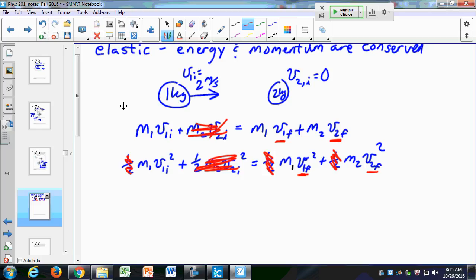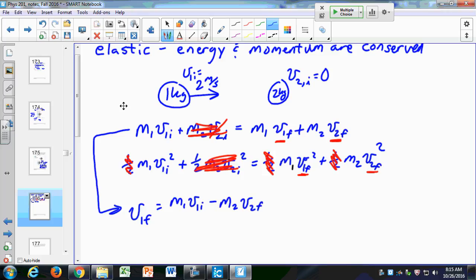Now I'm going to have to solve one equation for one unknown and plug that into another. There are a couple ways that you can do this, but the way that I did it is I solved this equation for v1f. It's equal to m1 v1 initial minus m2 v2f, divided by m1.